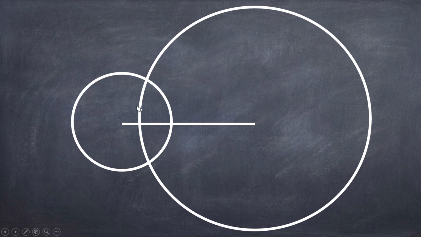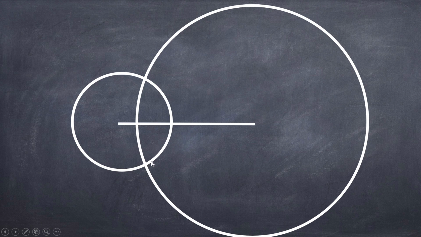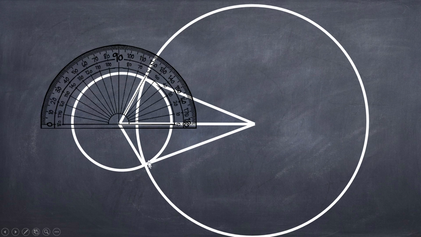After that, the step requires you to mark the intersection points. Then connect the points with a straight line. Then you can label the angle. So I try to label this angle. The angle is 60 degrees.